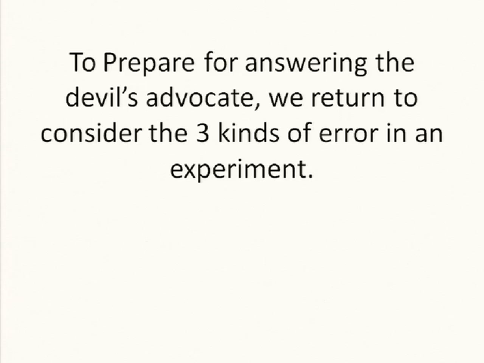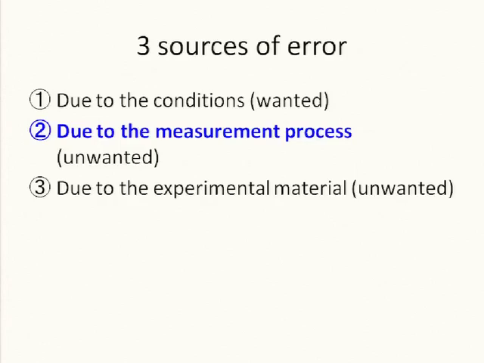We're going to go back and talk about the 3 types of errors that you have in an experiment. One is the difference between those two groups, the wanted one, where we purposely gave one group all the 11s and another group all the 73s. We were hoping to see a difference between those two groups.